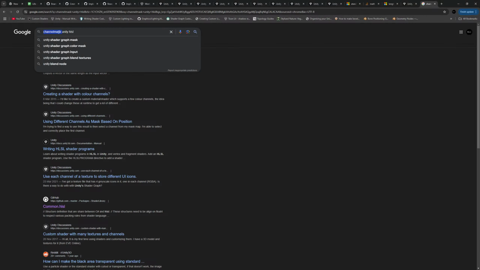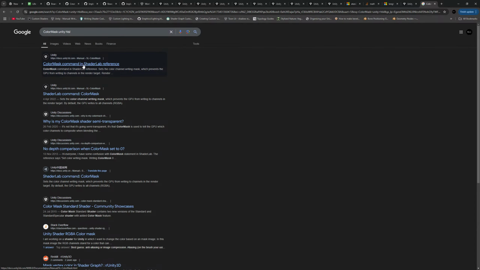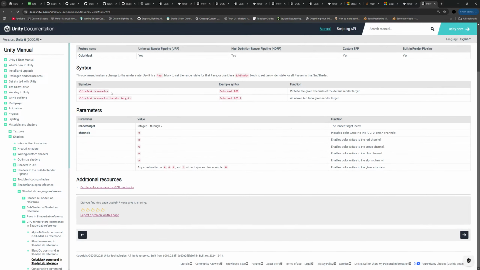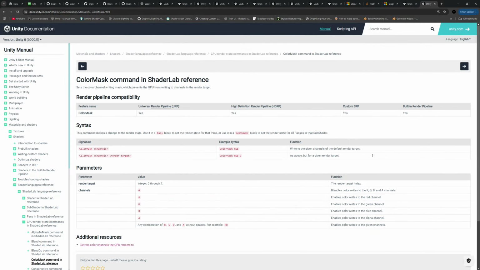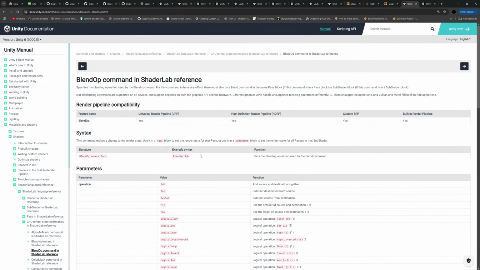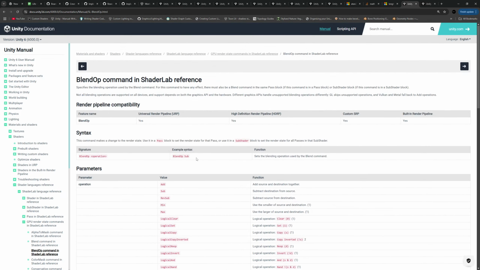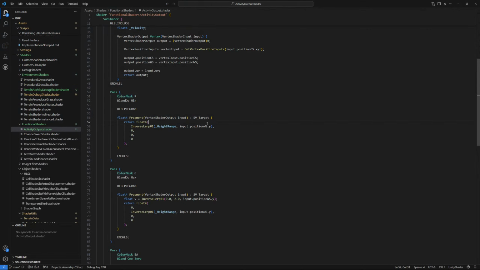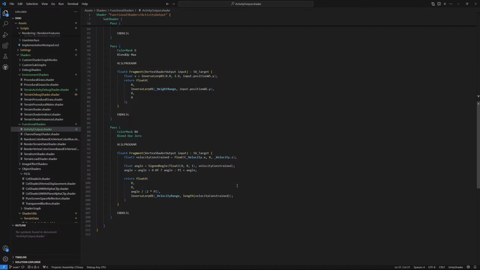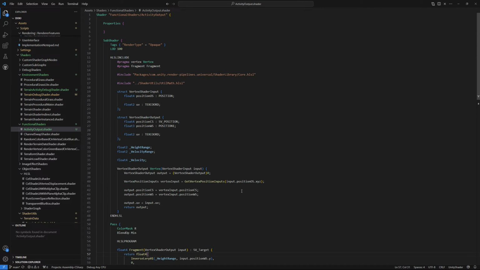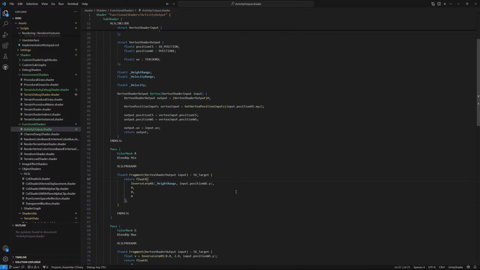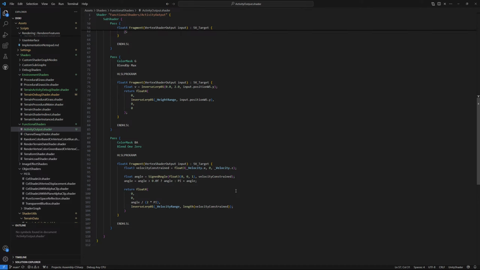A color mask. I have no idea how that would look, but yeah, let's do it with a triple pass instead. Okay, something like this.